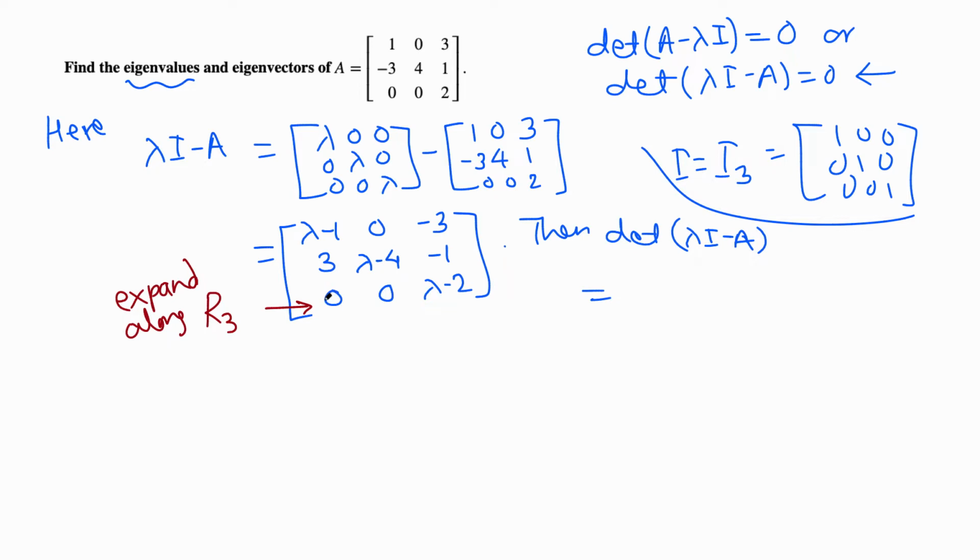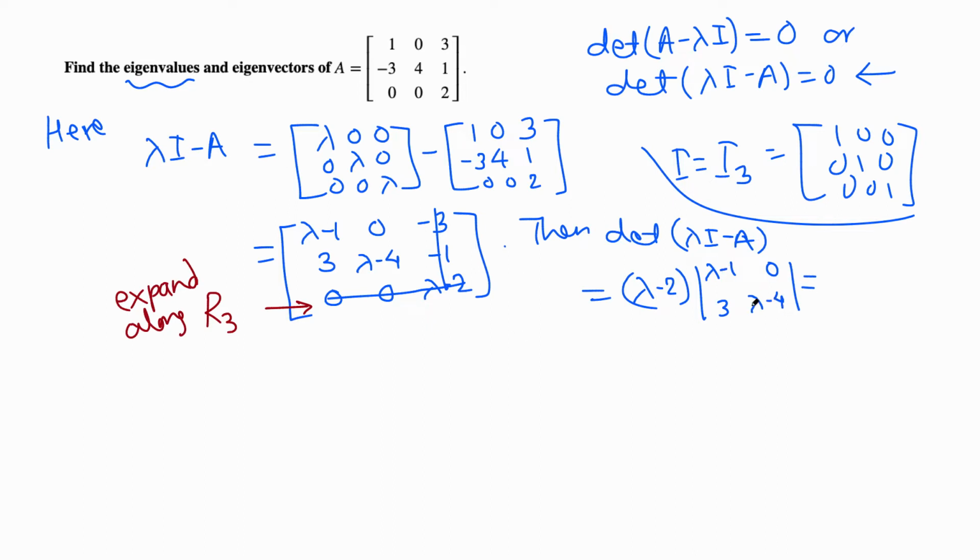The zeros need nothing. So here comes lambda minus 2, which leaves a 2 by 2 determinant. Lambda minus 2 row and column, we just delete that, and we get lambda minus 1, 0, 3, lambda minus 4.